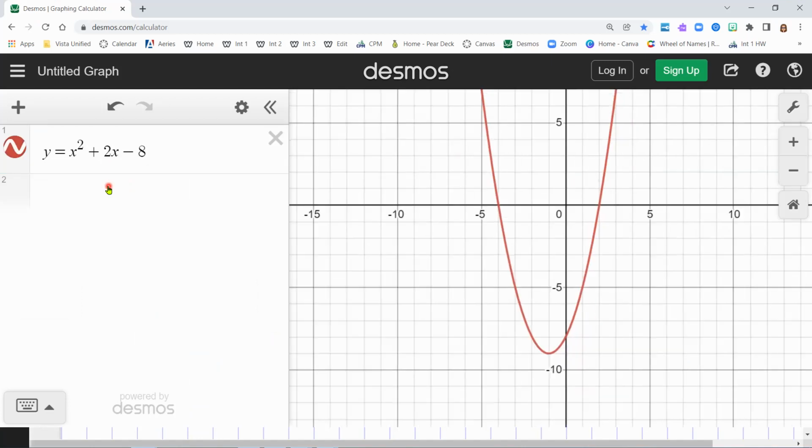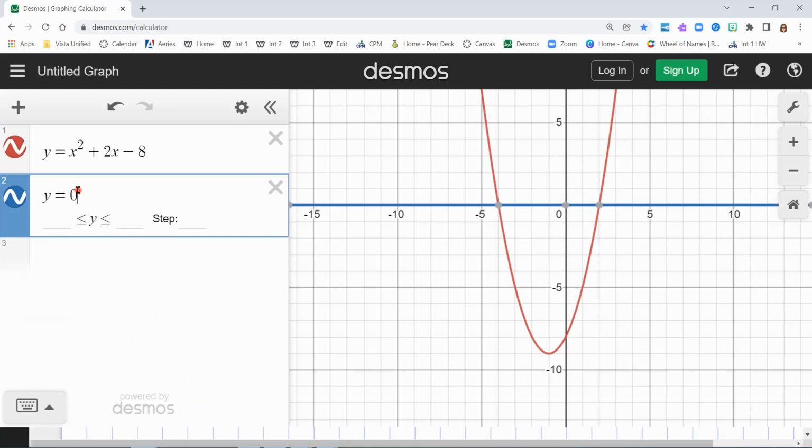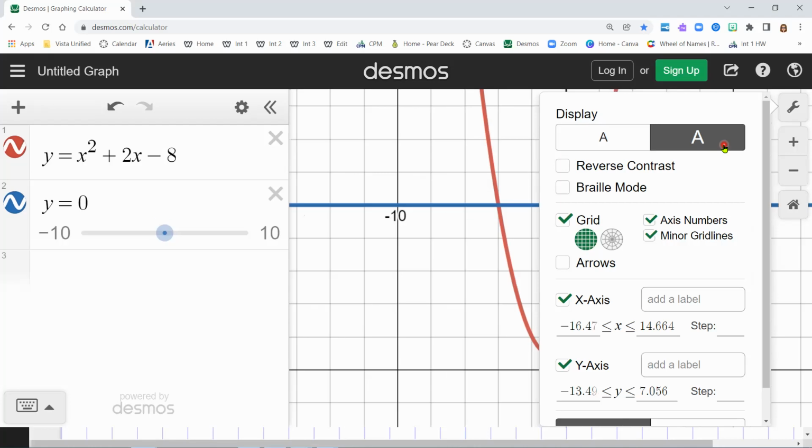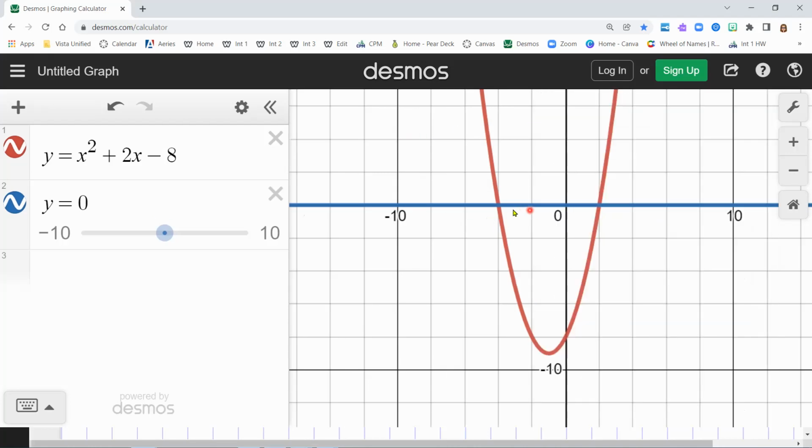Okay, there's my parabola, right? Well, I want to know, for example, where is it 0? So if I was to go y equals 0 and put that line in, you see it just put this blue one in here. Let me make this a little bolder.